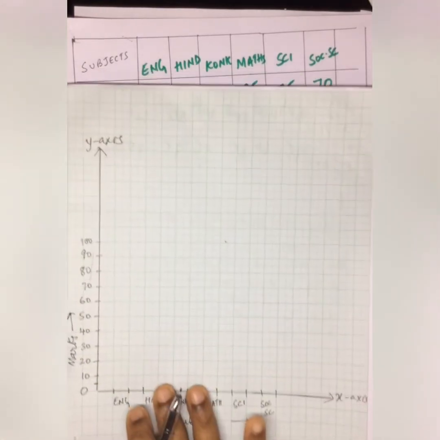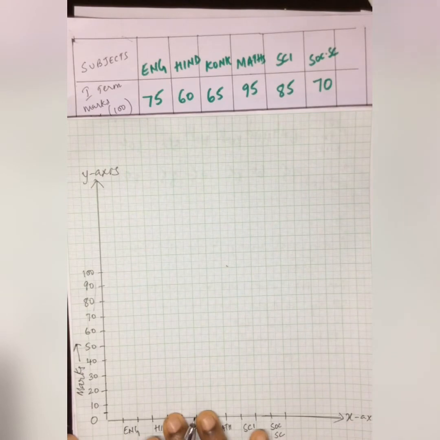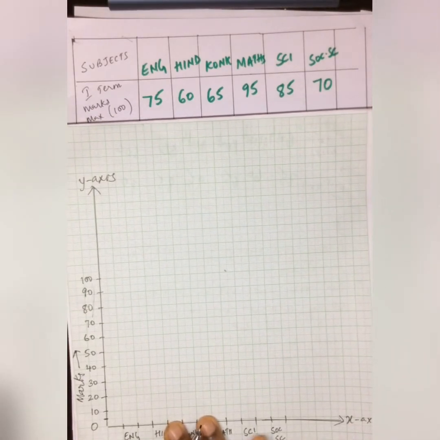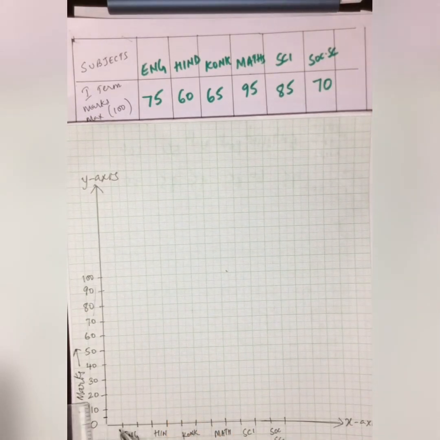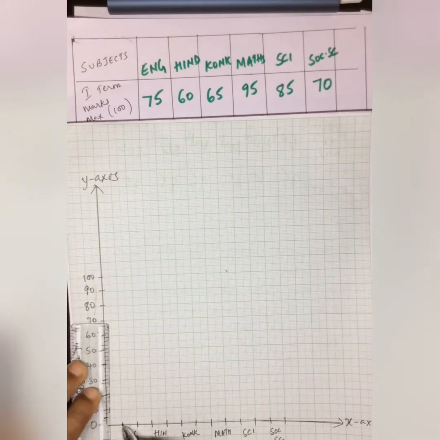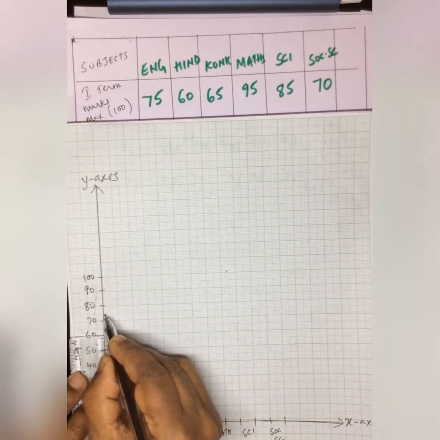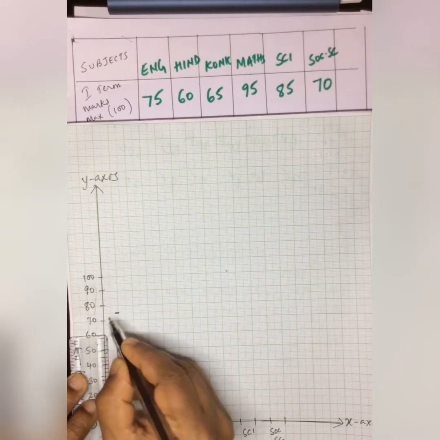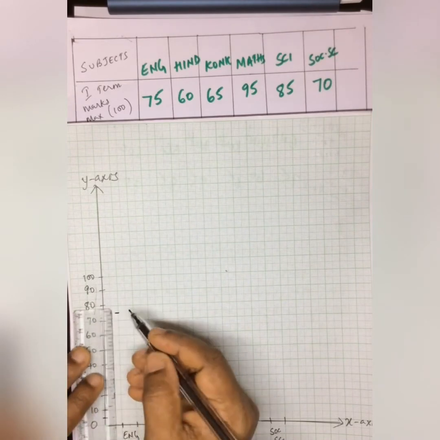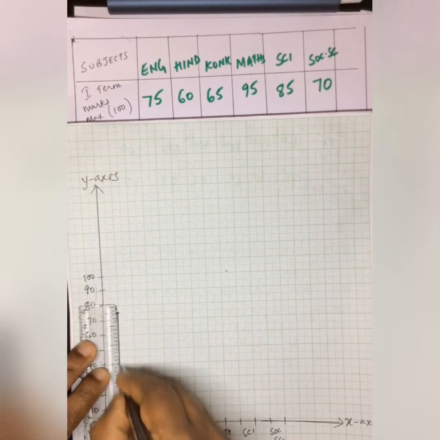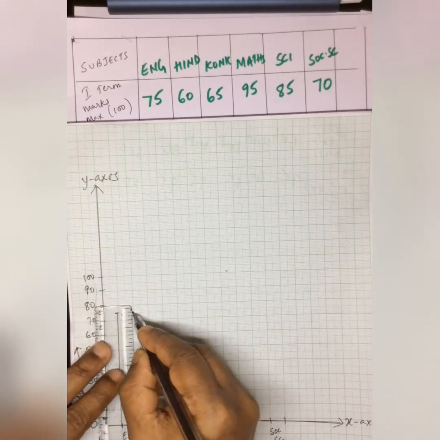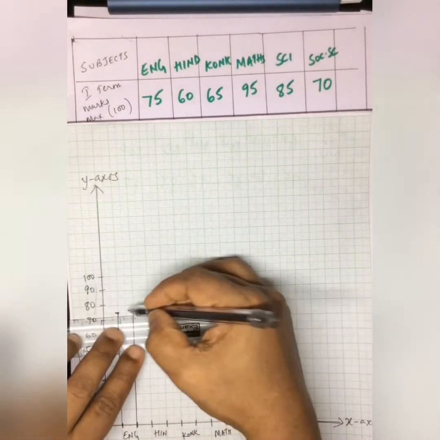So let's start plotting the graph now. English 75. So you go up to 70 and you mark the small division in between. You count 5 small divisions and you get English 75.